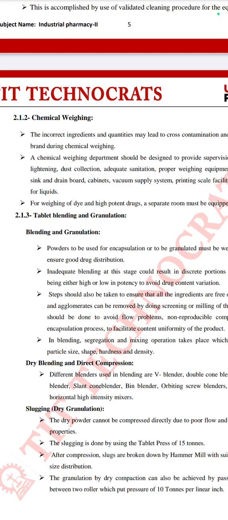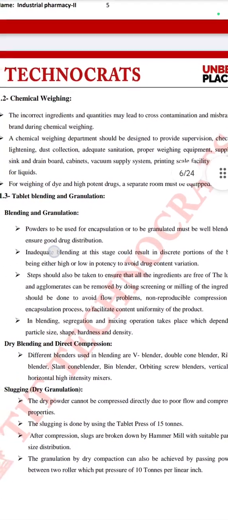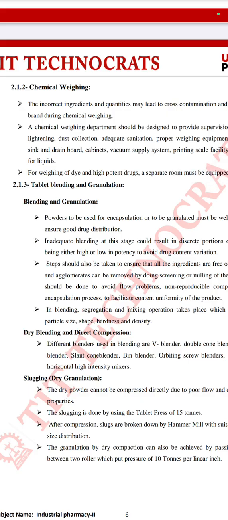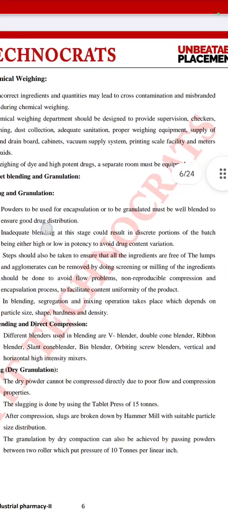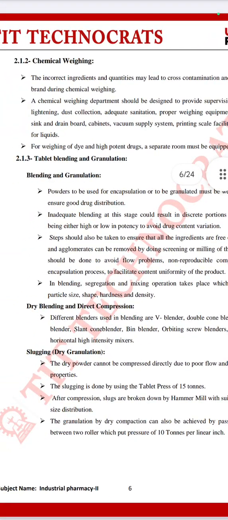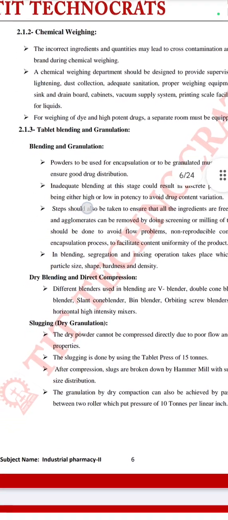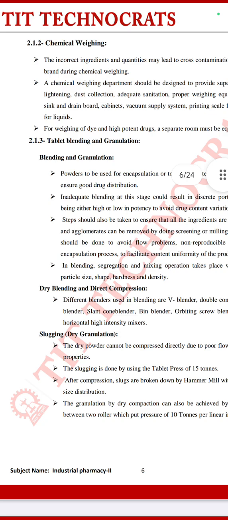So we must ensure that the weighing of a chemical is not incorrect. A chemical weighing department should be designed to provide supervision, checkers, lighting, dust collection, adequate sanitation, and we must observe the proper weighing equipment, supply of sink, drain, cabins, vacuums, supply system. These also come under the solid dosage form preparations.